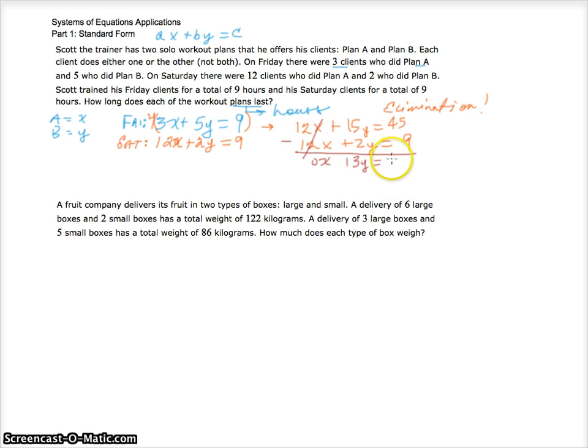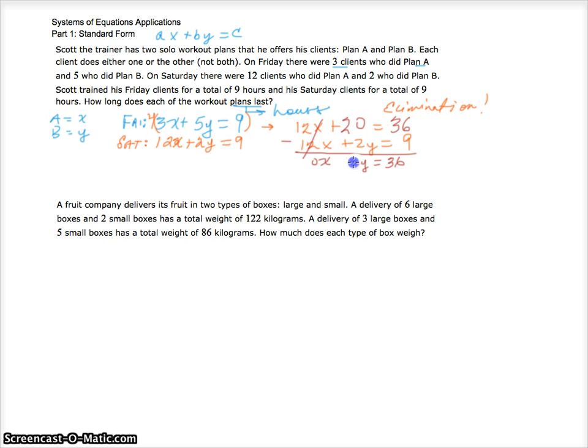45 minus 9 is 36. Mr. McAllister made a huge mistake. This should only be 36, because 4 times 9 is 36. And the 15y should actually change to 20y because 4 times 5 is 20.